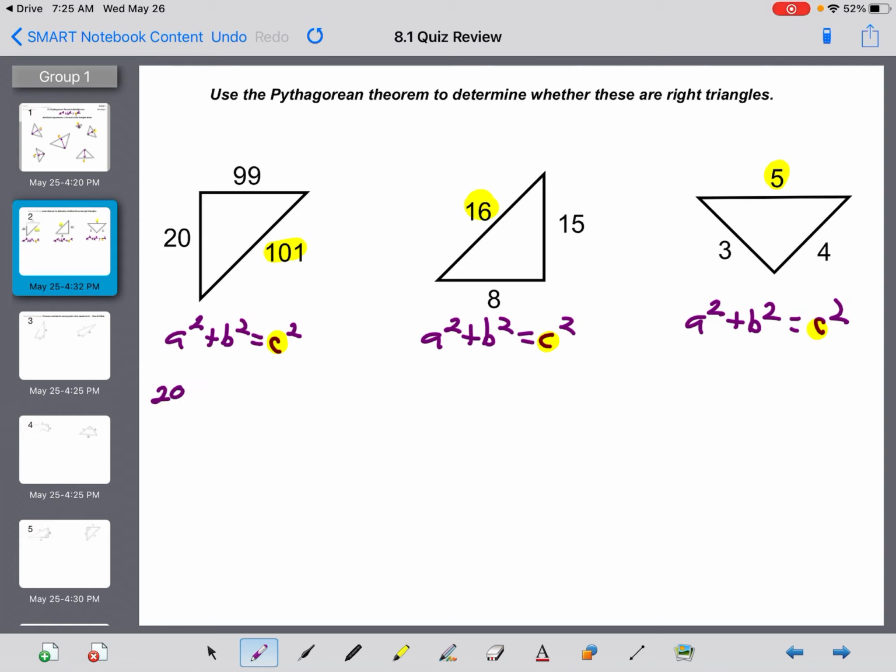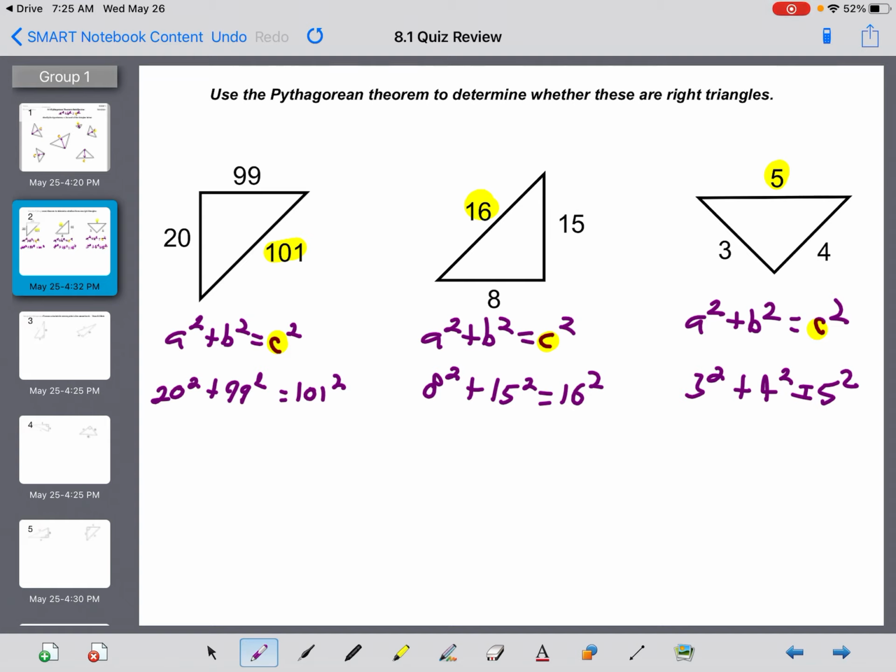So we have 20 squared plus 99 squared equals 101 squared. In your second example, you have 8 squared plus 15 squared equals 16 squared. And your last one, we have 3 squared plus 4 squared equals 5 squared.